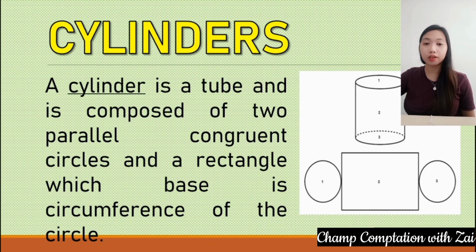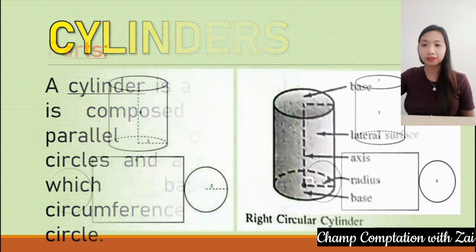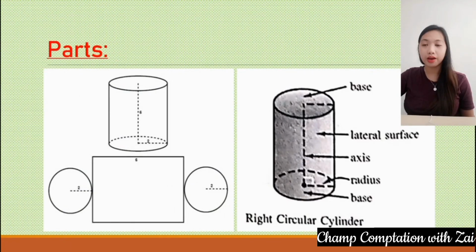These are the parts of a cylinder: we have the base, the lateral face, the axis, the radius, and the lower base. The bases are the upper and the lower bases, just like the prism, but in cylinders the bases are only circles.